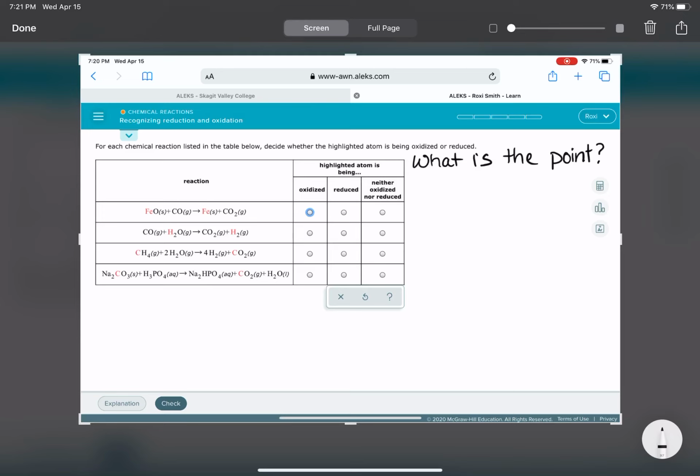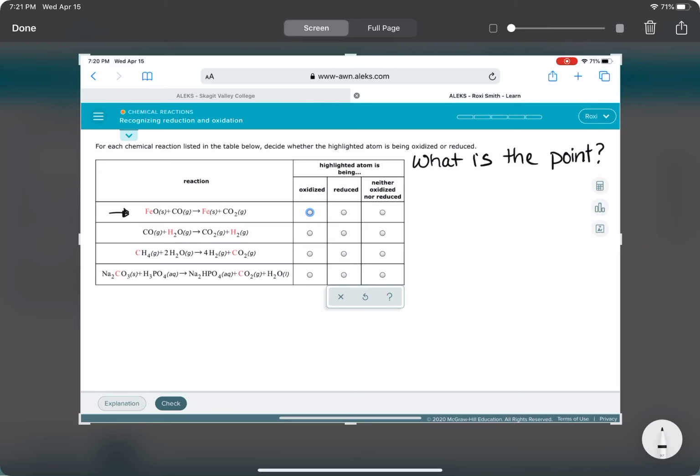So we've got 4 different reactions here, and in each of these reactions, one atom is highlighted, and it wants you to decide if that highlighted atom, iron in the first example, is being oxidized or if it's being reduced, or neither. It's just not undergoing any kind of oxidation. And the fastest way for us to figure this out is to assign oxidation numbers.